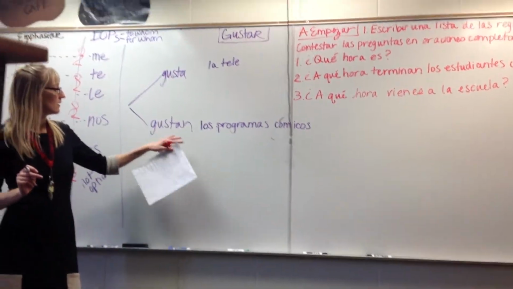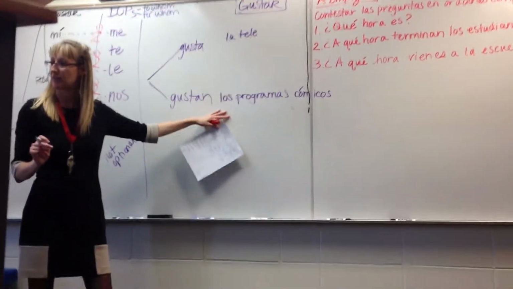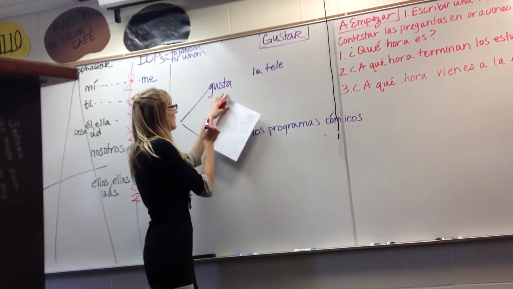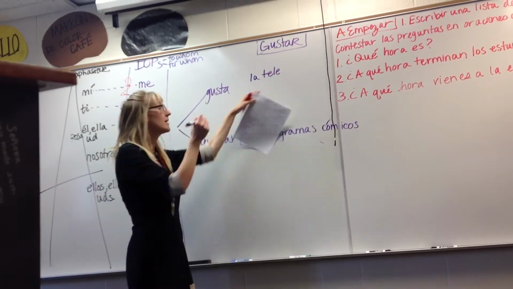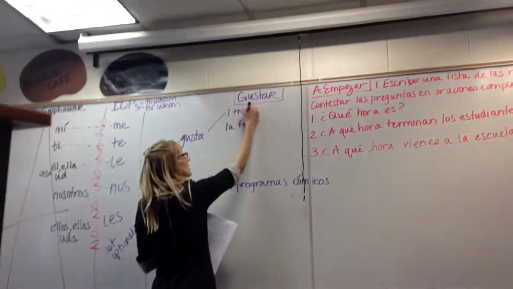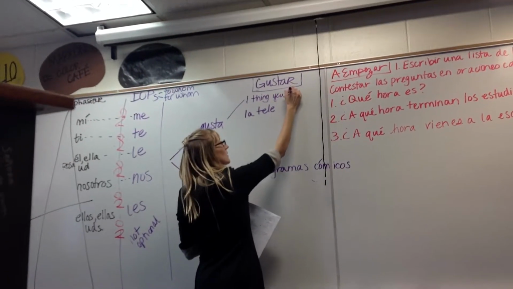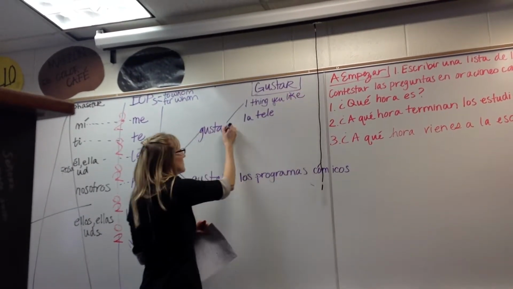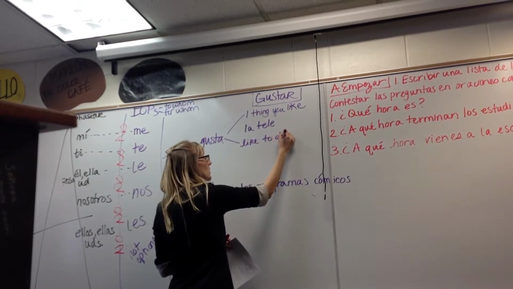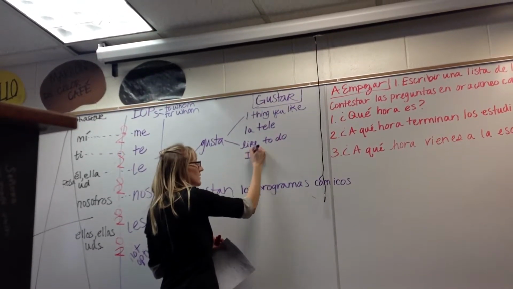We have to have a plural after this one, right? Up here, you can tell me any one thing that you like, or you can tell me something that you like to do, in which case, what's this going to be followed by?